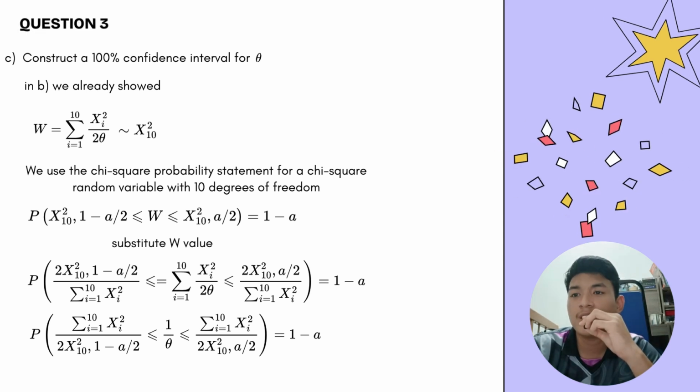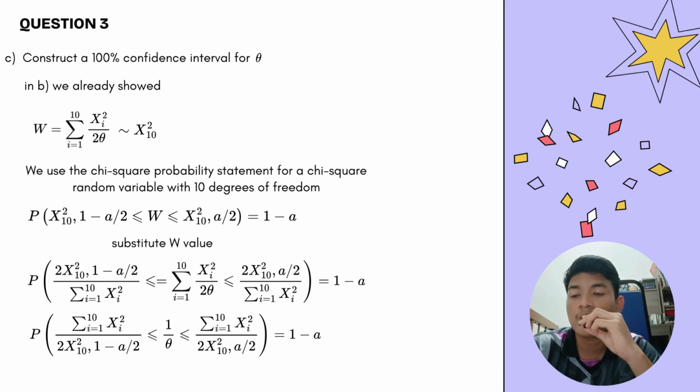For question C, we need to construct a 100(1 minus alpha)% confidence interval for theta, and in B we already showed that W is equal to the sum of chi square i over 2 theta, which implies chi square 10.